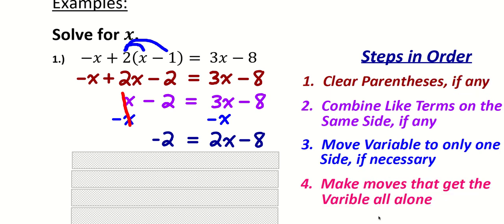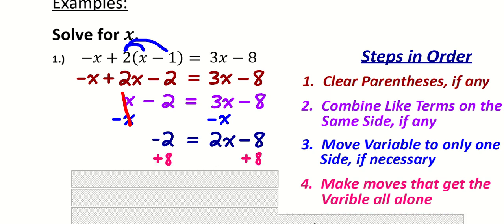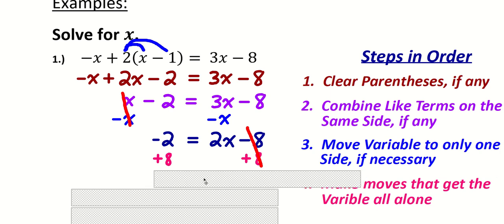And then now we're just going to make whatever moves you have left over to get that x, that variable, all alone on that side. Which again, we've done this before. We're going to be adding 8 to get rid of that -8. So the left side now becomes +6.